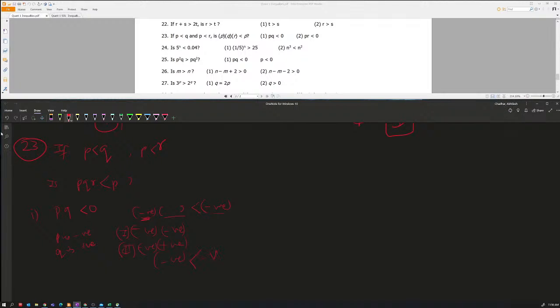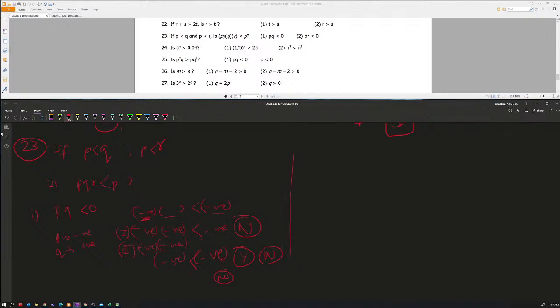Which is less than negative, we don't know here. So negative into negative will become positive here, and that is not less than negative, we get a no answer. Negative into positive is negative, and negative is less than negative. It could be a yes answer or could be a no answer. This is definitely not sufficient.